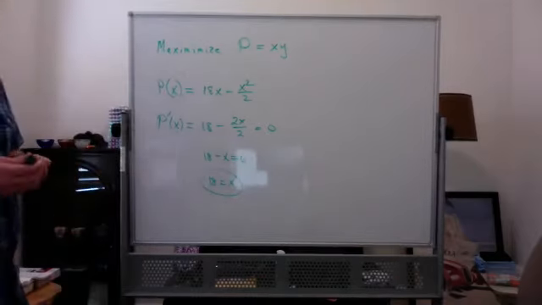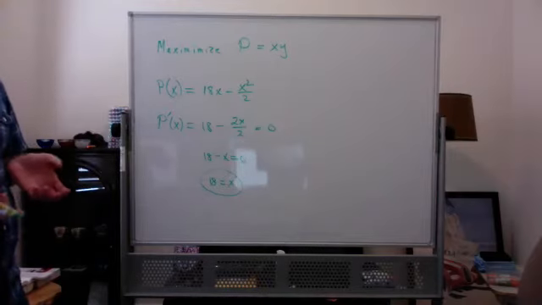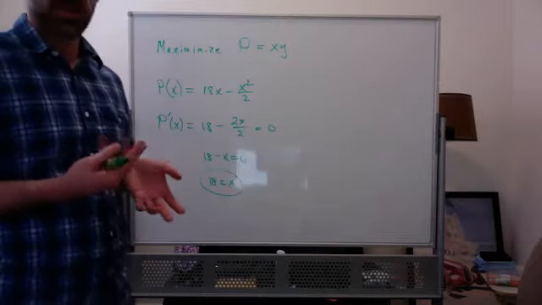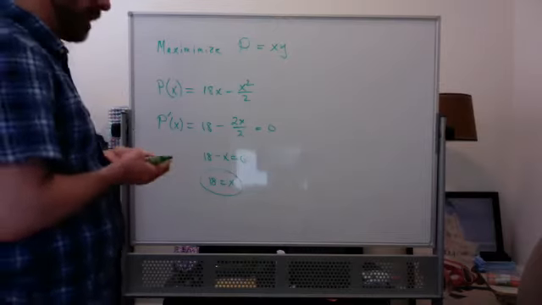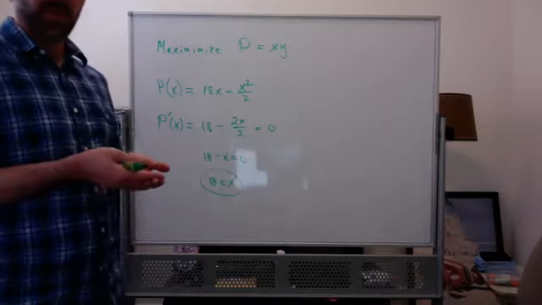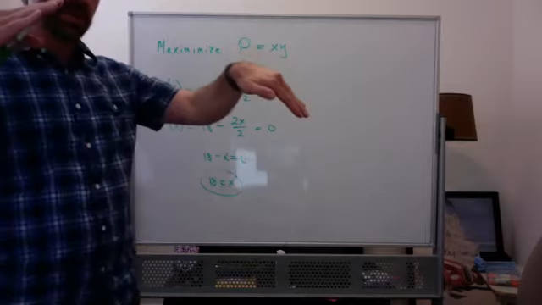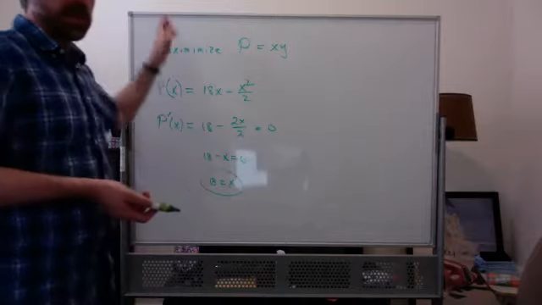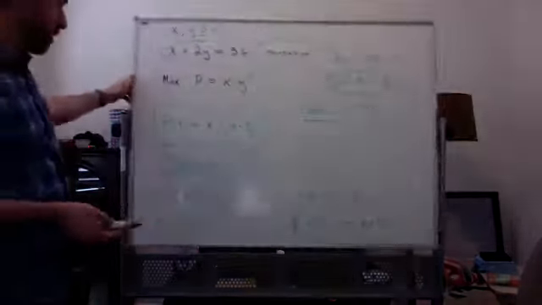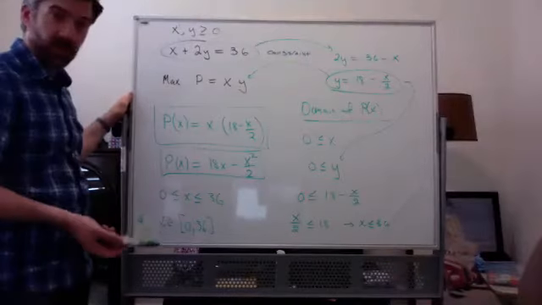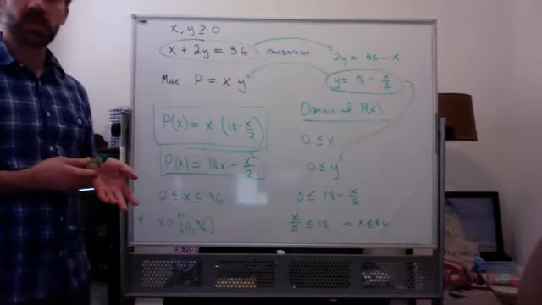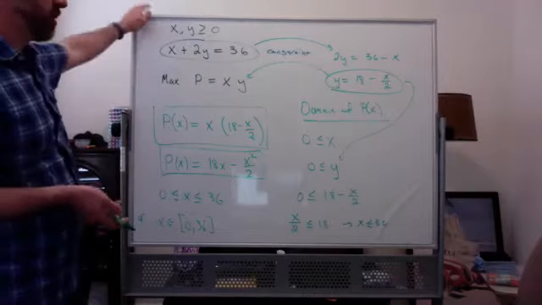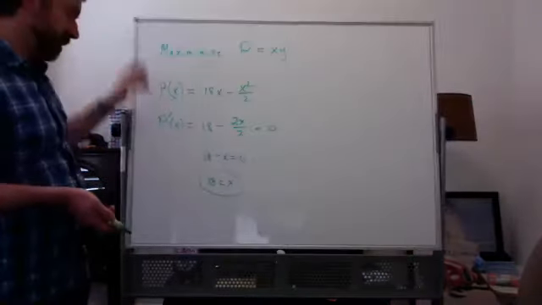And again, I'm not sure how much he cares about you showing it's a maximum. In the previous couple times, I've shown something was a maximum or a minimum by using an altered version of the first derivative test, where we see that it's increasing and then decreasing. But in this case specifically, since the domain is a closed interval from 0 to 36, we can use the extreme value theorem for absolute extrema and show that we have an absolute maximum when x is 18.